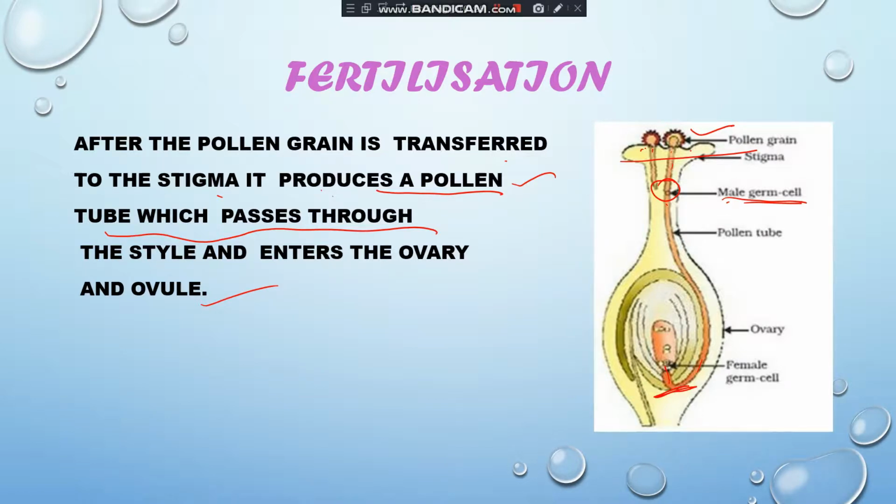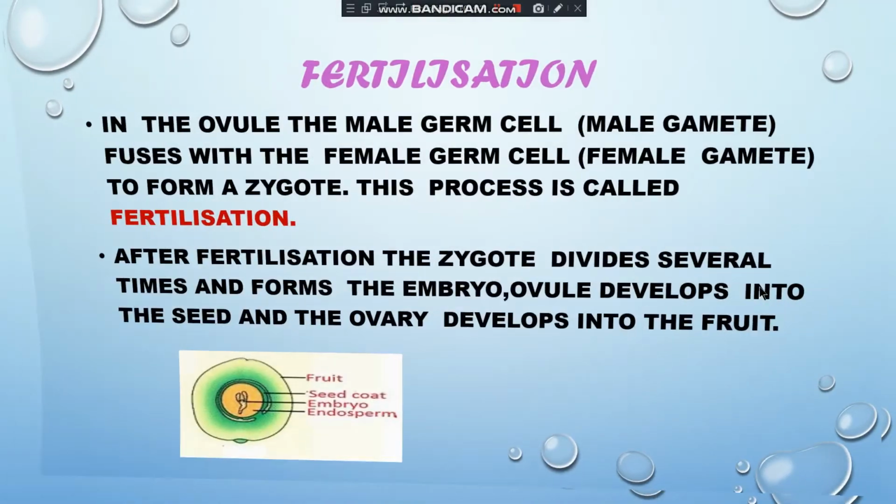Clear? And here what happened? In the ovule the female sex cell or female germ cells are located. Here these male germ cells fuse with the female germ cells. So what happened? The fertilization takes place. Now what is fertilization? Fertilization means the fusion of male and female sex cell.